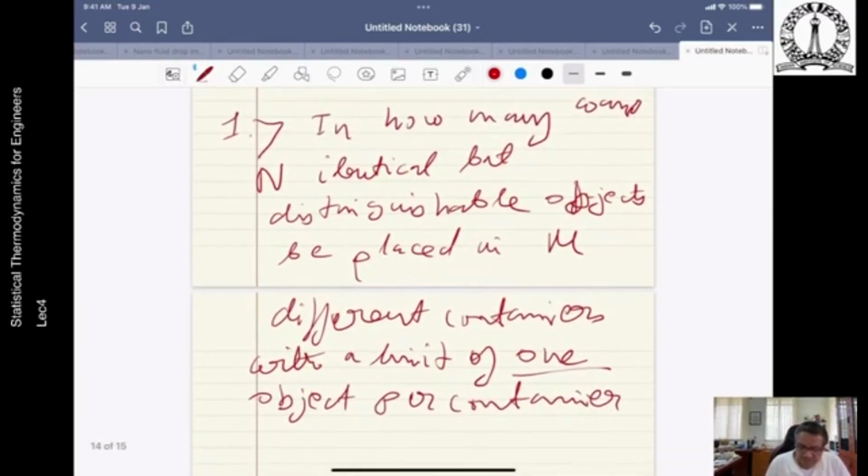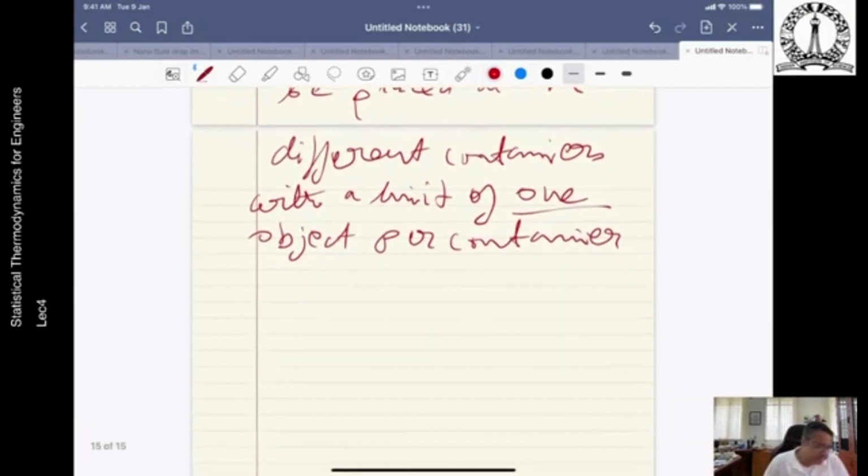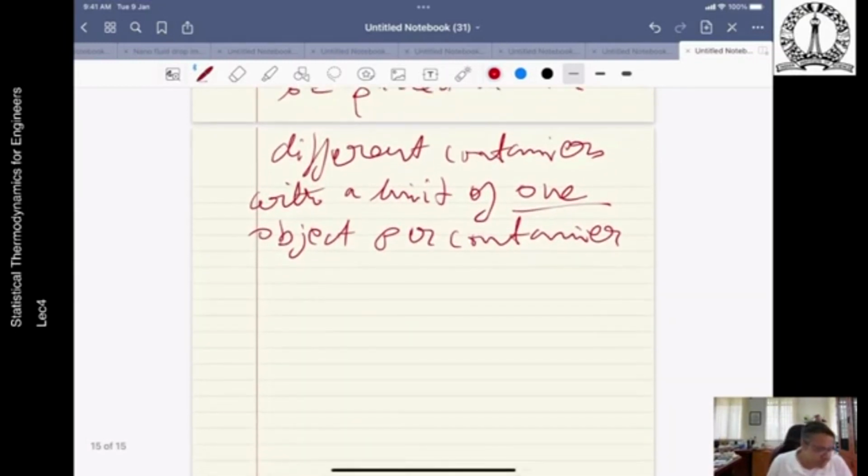So you got the point. The fundamental question we want to address is in how many ways n identical but distinguishable objects can be placed in m different containers with a limit of one object per container. The limitation of one object per container requires that m should be less than or equal to n. If m is greater than n, then this cannot happen.